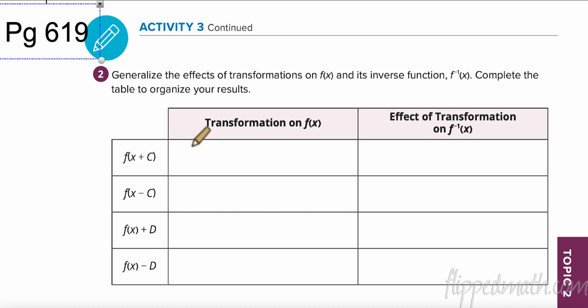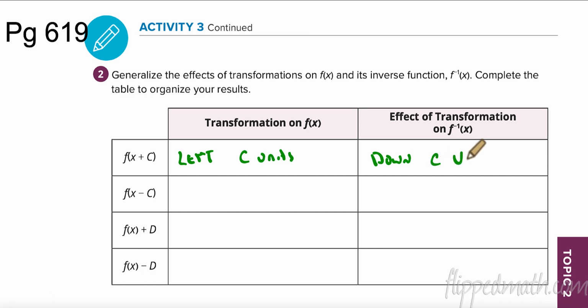All right, now on the next page, on page 619, we have some generalizations here. So this just says, what happens on my x? When I am adding something on the inside, that's a horizontal shift, right? So it's going to go to the left because it's opposite. So left, c units. All right, so we now know its effect on its inverse is x becomes y, so it would be down, because left and down, c units. Here I would go right, c units, because it's the opposite.